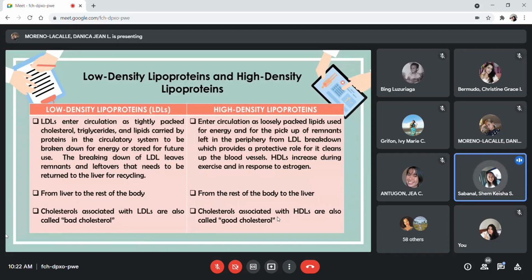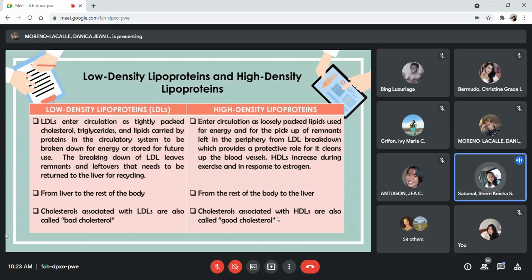So HDLs increase during exercise and in response to estrogen. So diba, we have discussed earlier that one thing that we could do in our modifiable risk factors is to perform exercise. So this actually explains why. This is because our HDLs, which is also known as our good cholesterol, kay of course mo pick up man siya og remnants of fat sa atong blood vessels, kay mo increase siya during exercise.